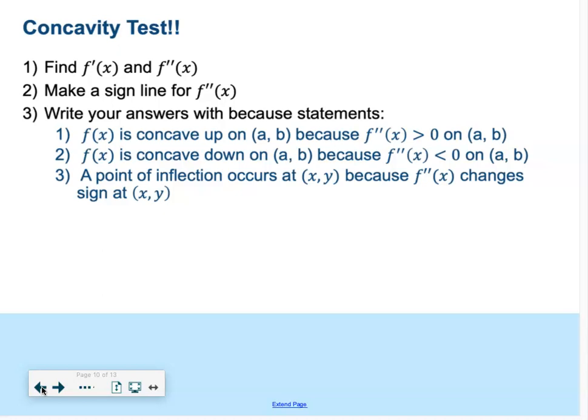So concavity is all determined by the sign of f double prime, because it's whether the rate is increasing or decreasing. So when you are finding concavity, you find your first derivative, and then the second derivative, you make a second derivative sign line, and then you write your answers with because statements. There are only 3 for concavity.